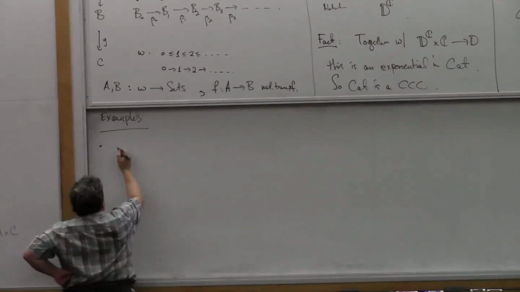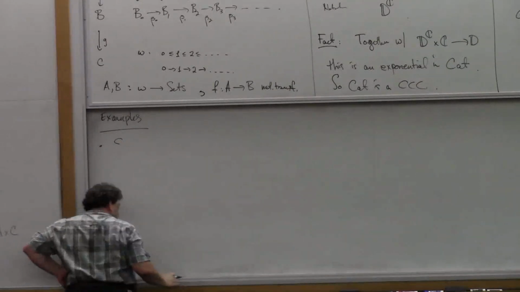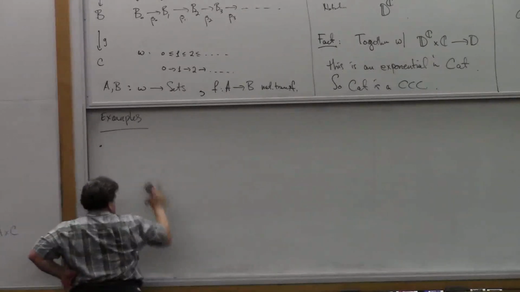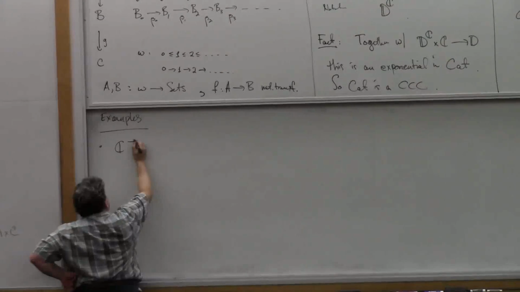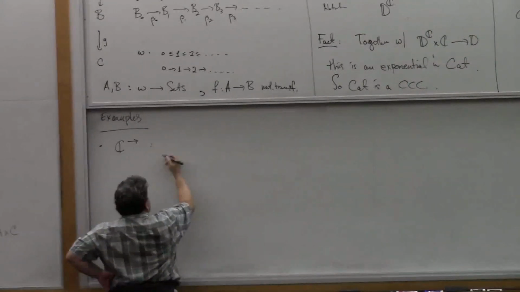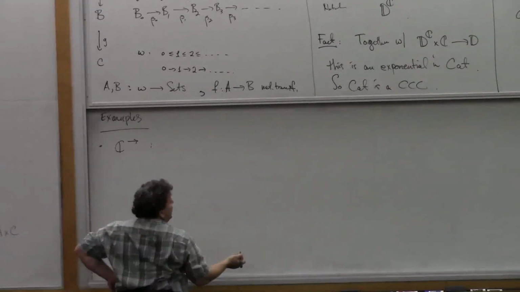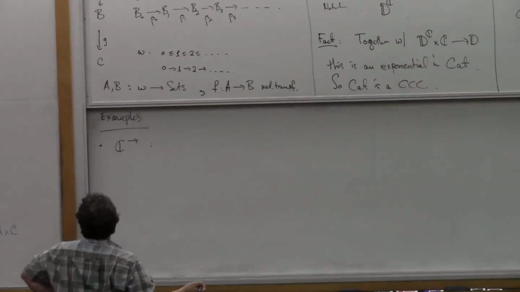Remember the category of all arrows in a category? I have some category C, and I make the arrow category.